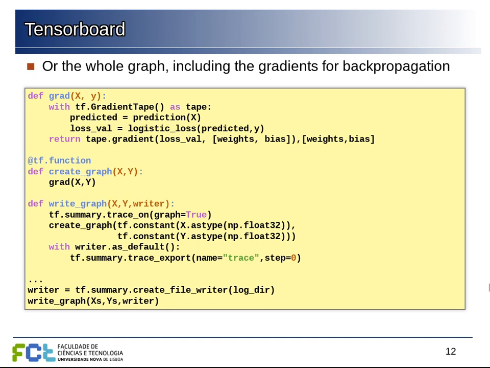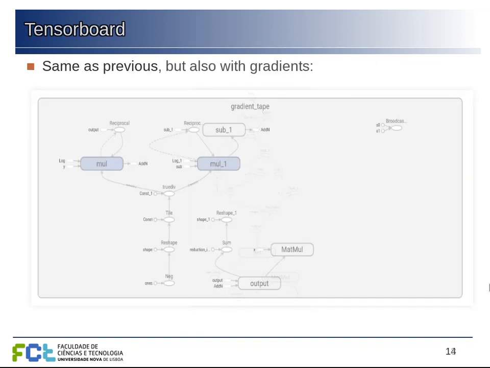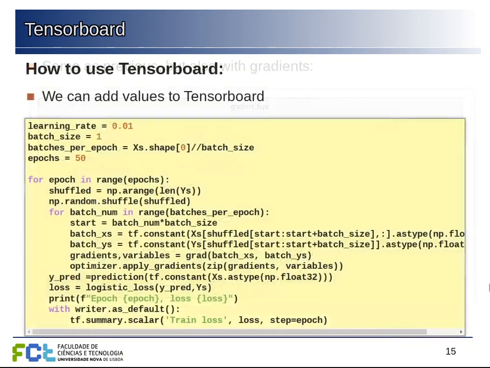If we call this one under this tf.function declaration to trace the computation graph, you can see the same as previously, but you also have the gradients graph here. This is what the gradient tape generated when it went through all the computations that we did in order to find the derivative of the loss function with respect to the different parameters that we have.